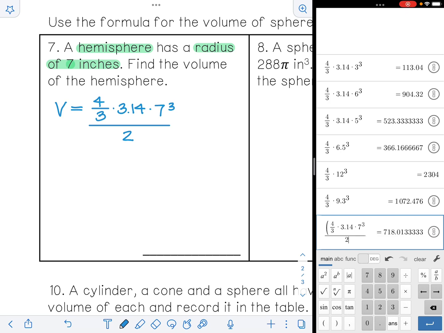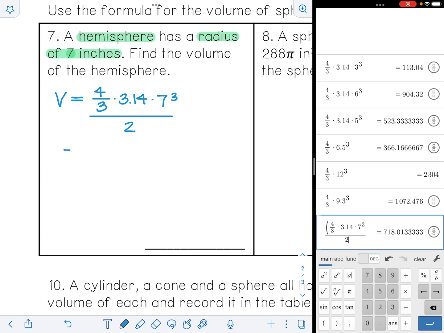So we are going to get a repeating decimal, 718.013 repeating. Doesn't say anything about rounding, so we'll keep that as our final answer. And we do have a unit here, inches cubed.